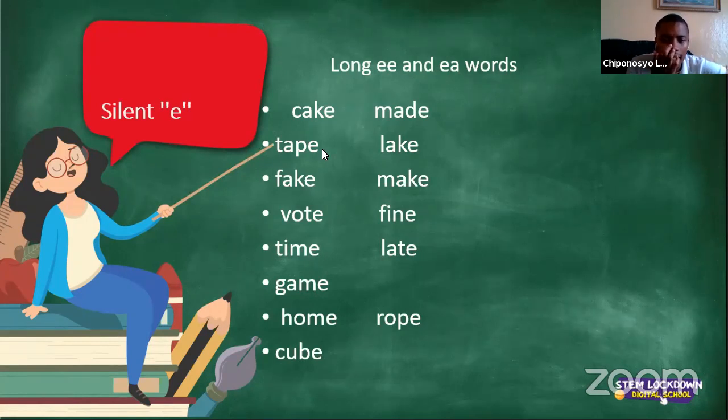So let me choose the words that are a bit difficult, and the other ones we know, the ones we normally use. Like a cake is something that you bake.